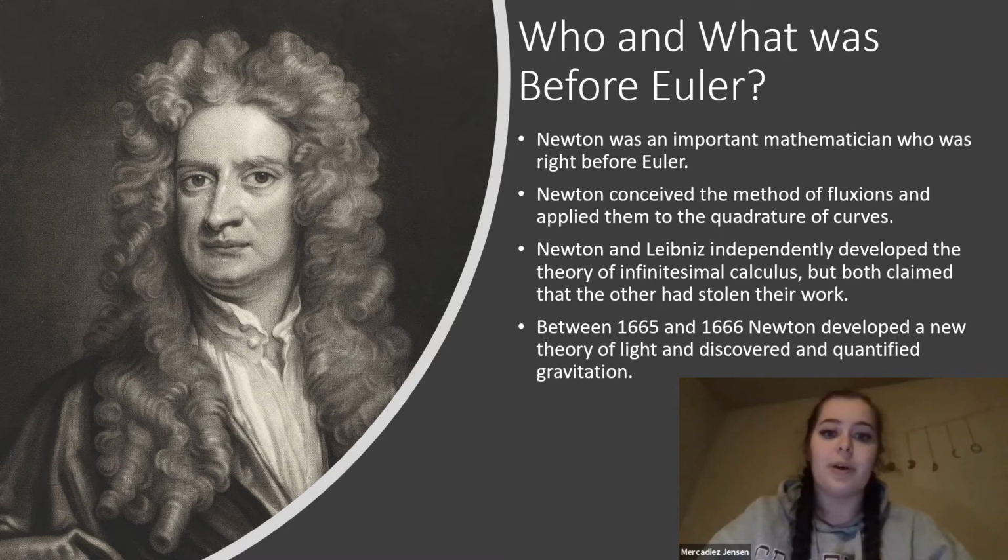A fun fact about Newton is that him and a mathematician from Germany, Mr. Leibniz, independently developed the theory of infinitesimal calculus, but both claimed that the other had stolen their work. Who really came up with it? We might never know. But between 1665 and 1666, Newton developed a new theory of light and discovered and quantified gravitation.